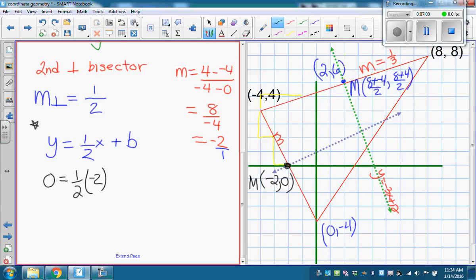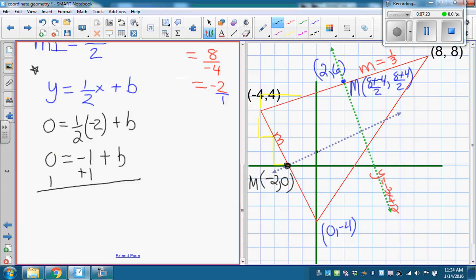Do you see that? It's giving me b. So this is negative 1 plus b equals 0, so b equals 1. So my line equation is y equals 1/2 x plus 1. That's this one.